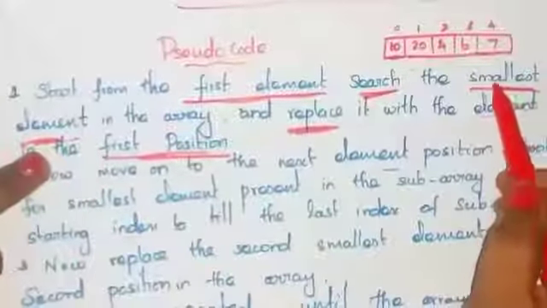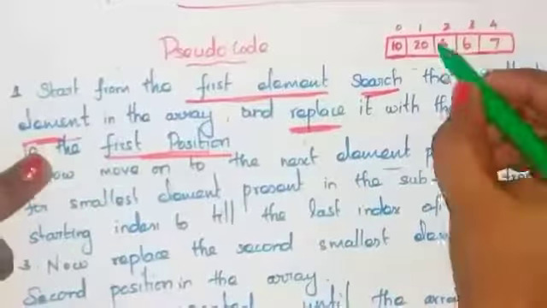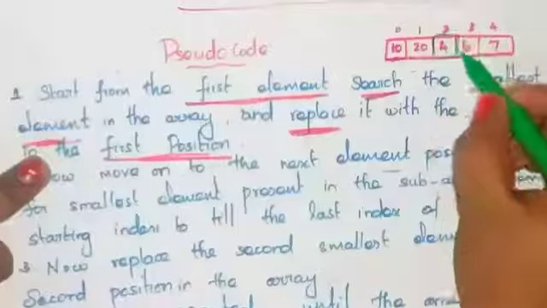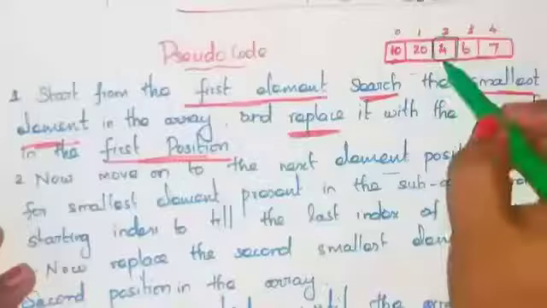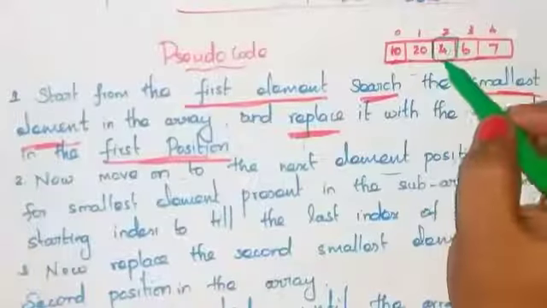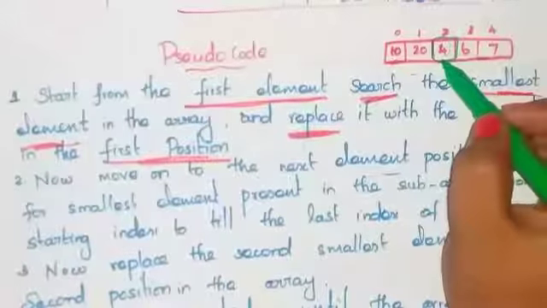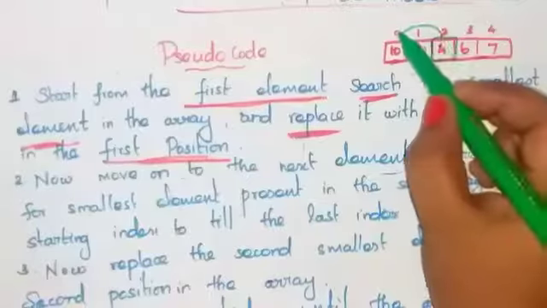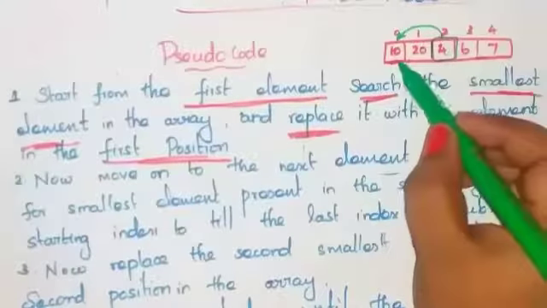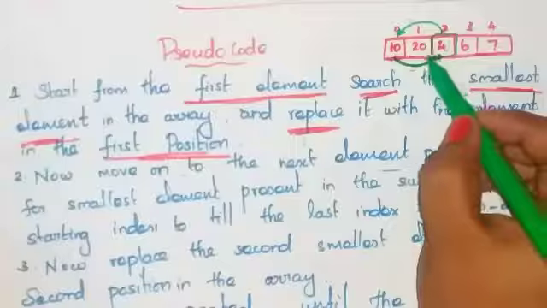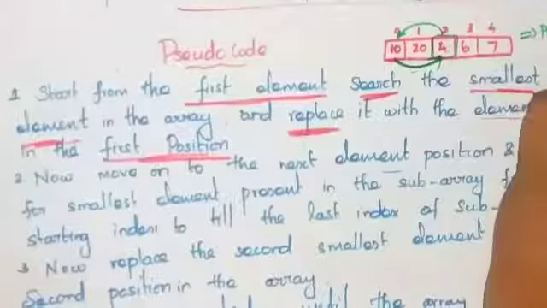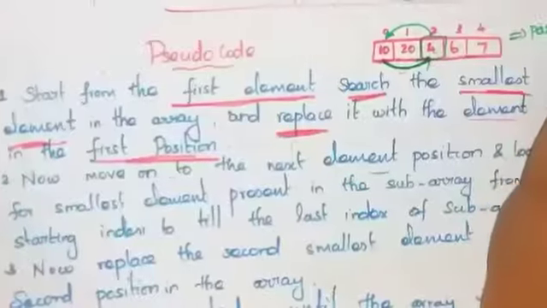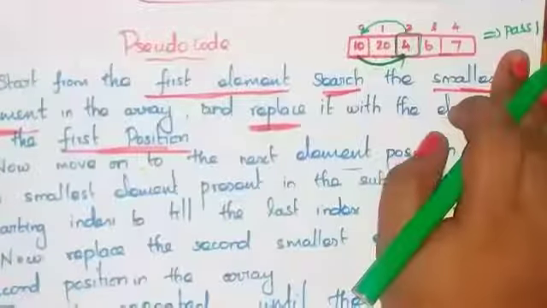The smallest element is 4. So you have to replace it with the element in the first position. This is called pass 1, which means the first iteration.